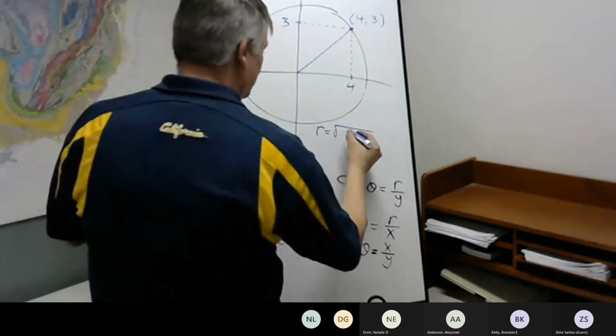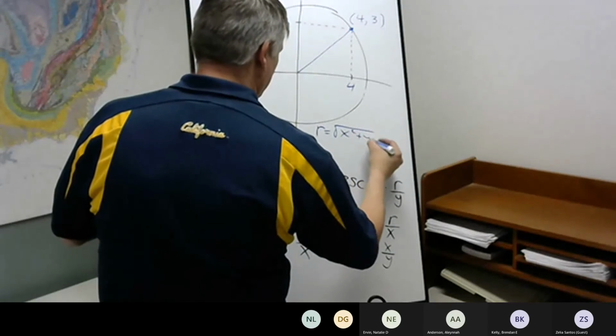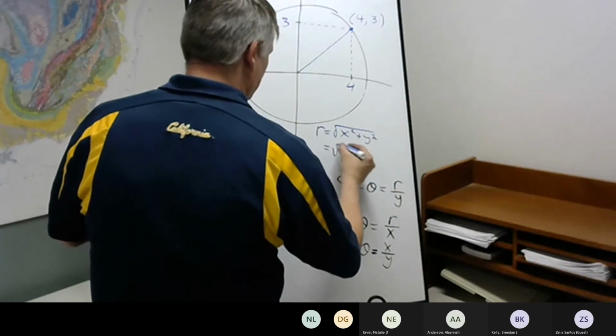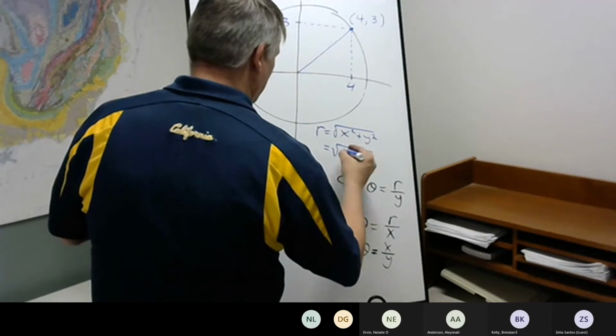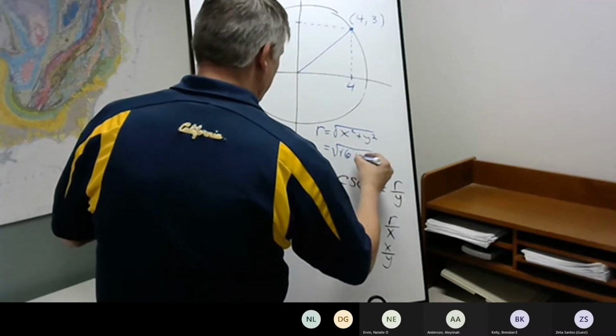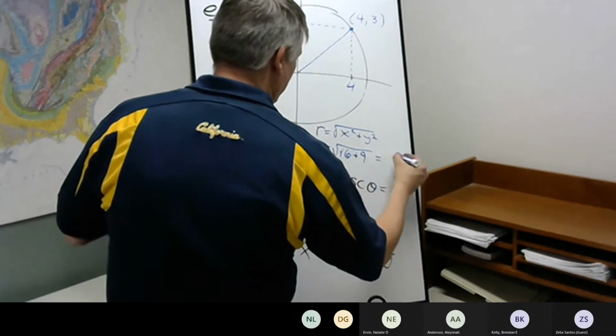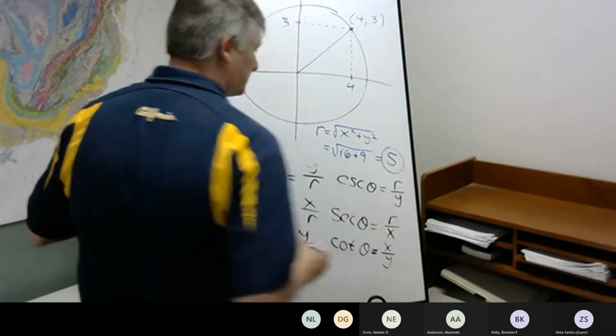So r is going to be x squared plus y squared, or 16 plus 9, and it's going to be 5.